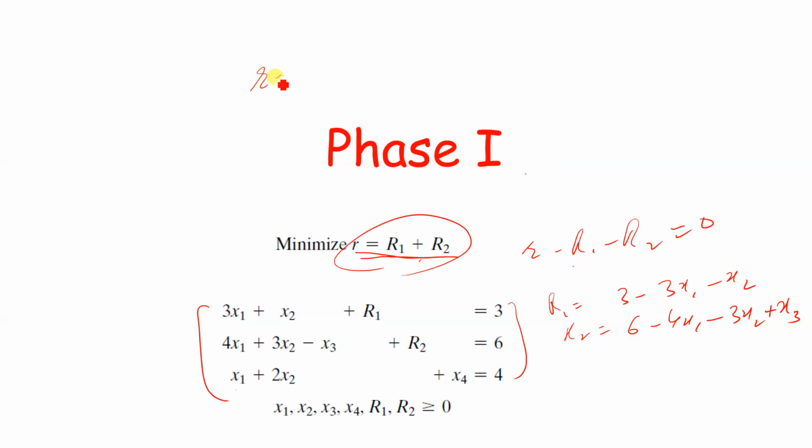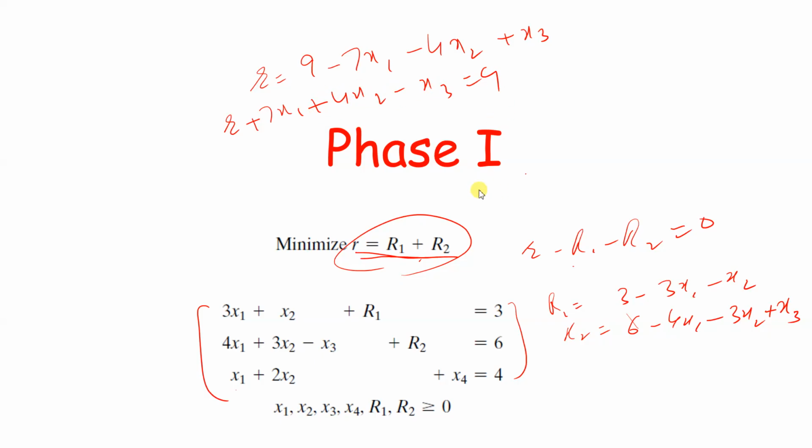So we have R equal to, adding both of them, 9 minus 7x1 minus 4x2 plus x3. So the objective function equation becomes R plus 7x1 plus 4x2 minus x3 is equal to 9.